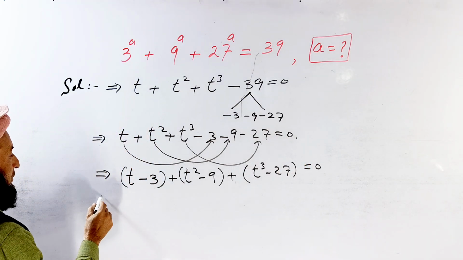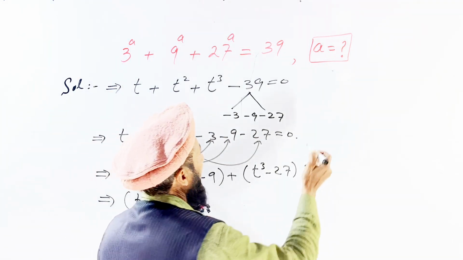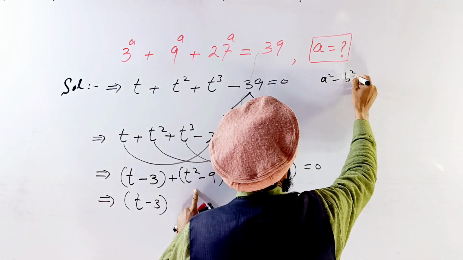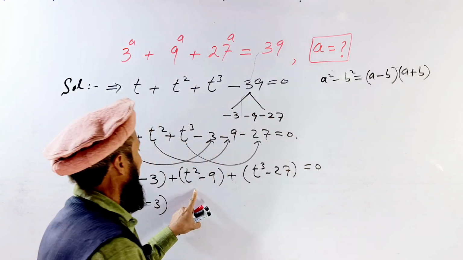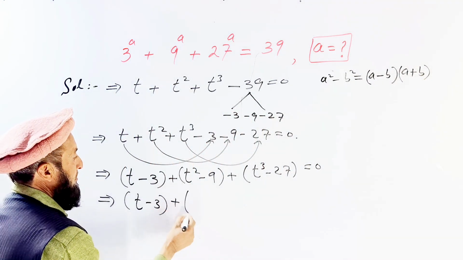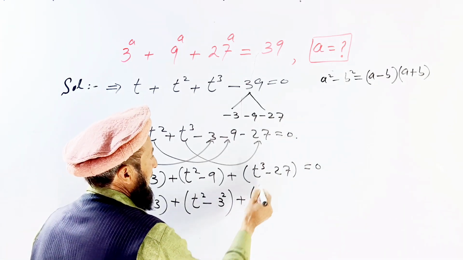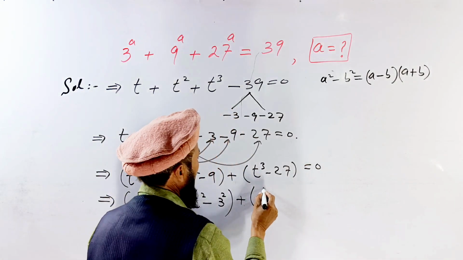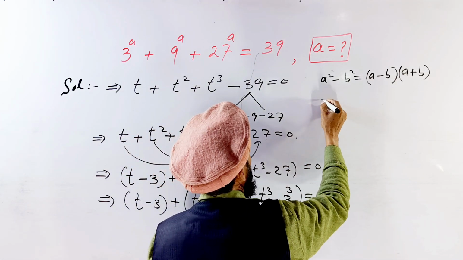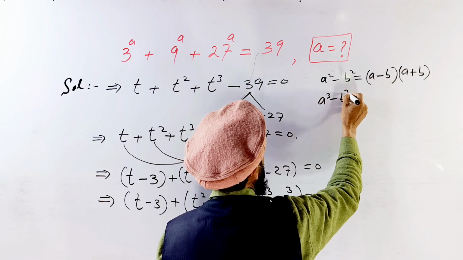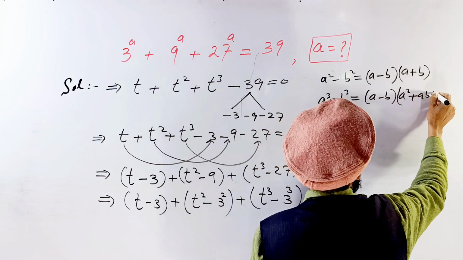Now we use the formula a square minus b square is equal to a minus b into a plus b. According to this formula, we open this one. First we write t square minus 3 square. Similarly, we take the cube formula, t cube minus 3 cube is equal to 0. Here a cube minus b cube is equal to a minus b into a square plus ab plus b square.